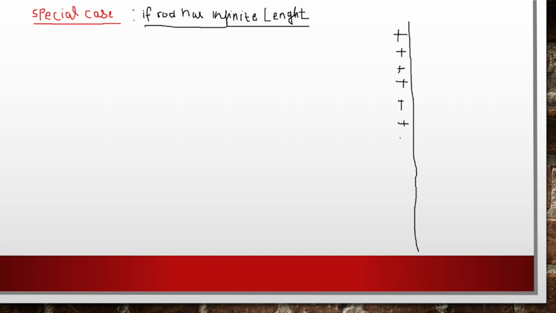So it goes like this. The charges are distributed uniformly throughout this rod. So we need to find electric field at a point P, here in the perpendicular bisector. So this is our point P. So how can we find the electric field at point P?